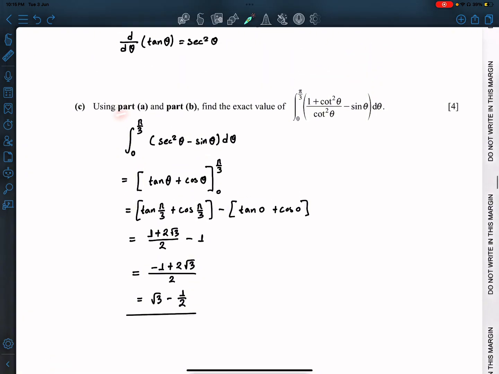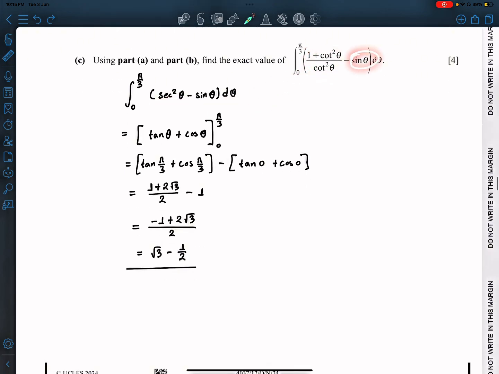Okay, using part A and part B, find the exact value of the integral of 1 plus cotangent squared of theta over cotangent squared of theta minus sine theta from 0 to pi by 3. So we found that this over here equals secant squared of theta. So we can put that over there. And this sine theta, let's keep it as is because we can integrate that easily.